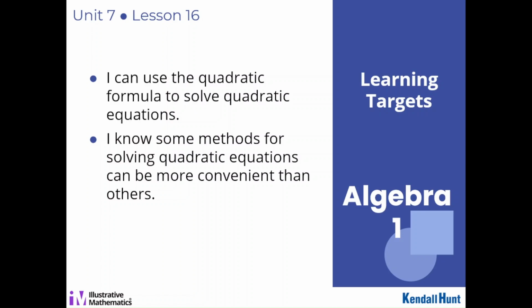So hopefully you understand multiple methods. You understand when it's a good idea to use them, when it might be a better idea to use a different form. But in the end, I hope you feel confident in your ability to solve quadratic equations.